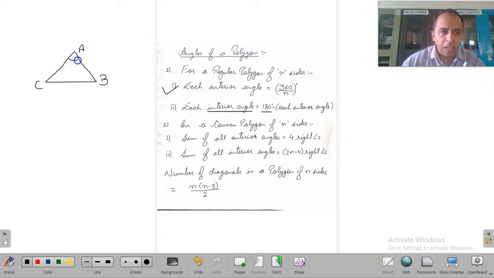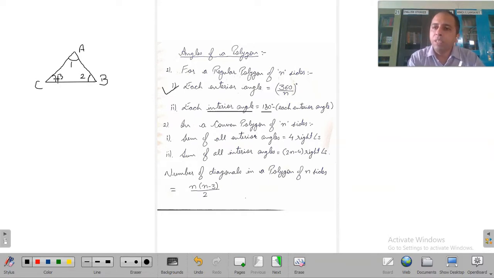Look, this angle is an interior angle, this angle is another interior angle, and this angle is also an interior angle. Let them be angle 1, angle 2, angle 3. We also discussed in the last lecture that the number of interior angles is equal to the number of sides of the polygon.